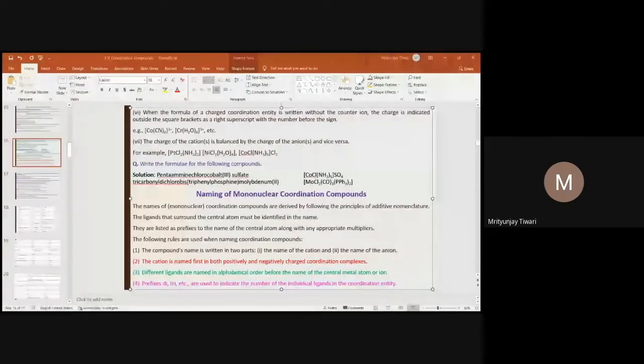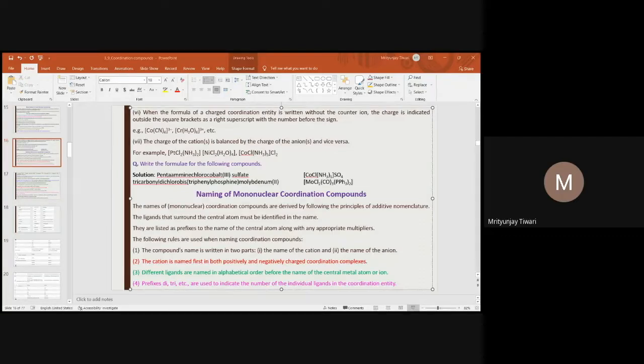So if two such ligands are there, we write bis and the name of this ligand in parentheses, ethylenediamine. And if three PPh3 are there, we will name it as tris, with the ligand in parentheses as triphenylphosphine.